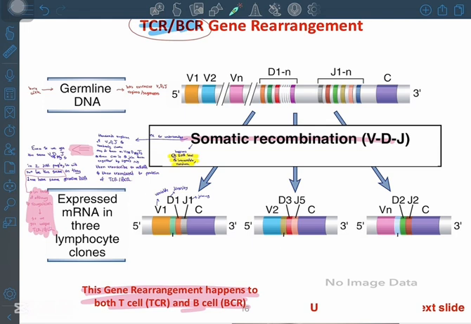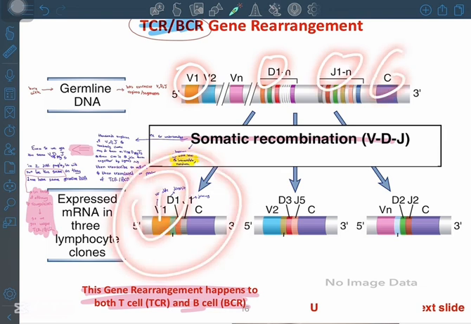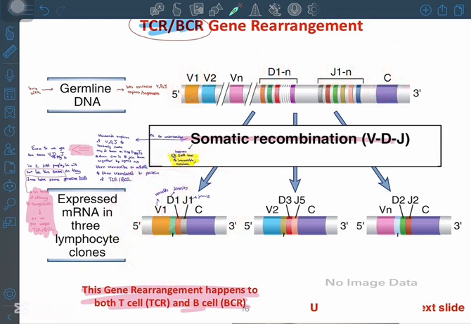I can make as many combinations as I want. Here we apply it to the genes. For example, I want V1, D1, J1, and C. This is one match, one outfit. Then I can do another outfit, which is V2, D3, and J5, for example, and C. I can make as many combinations as possible because I have so many genes.